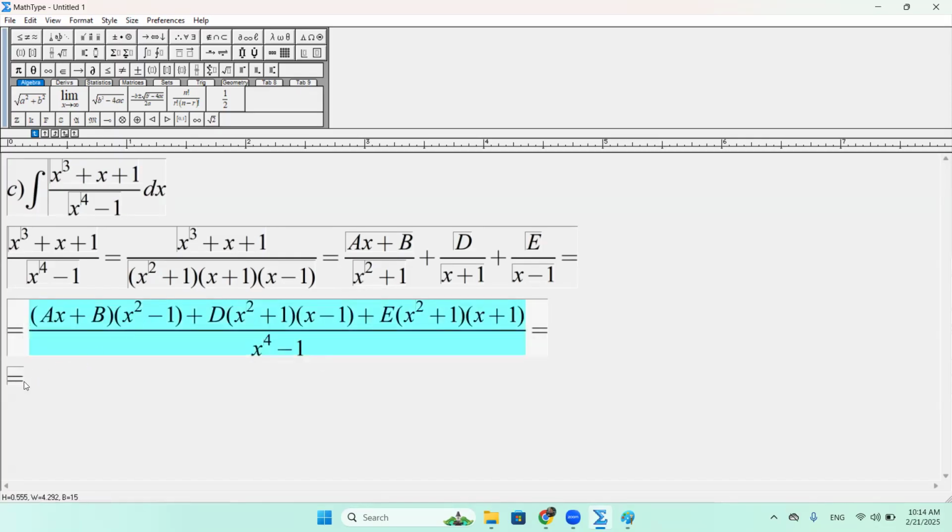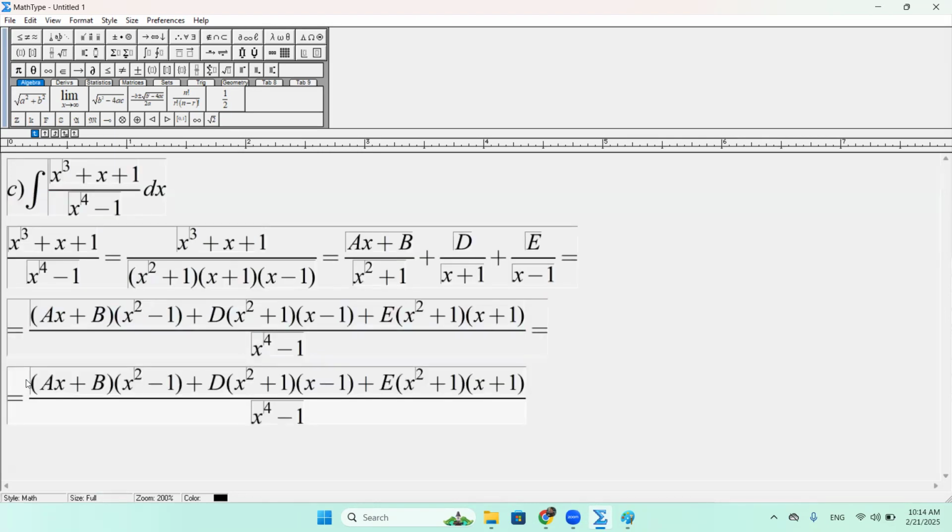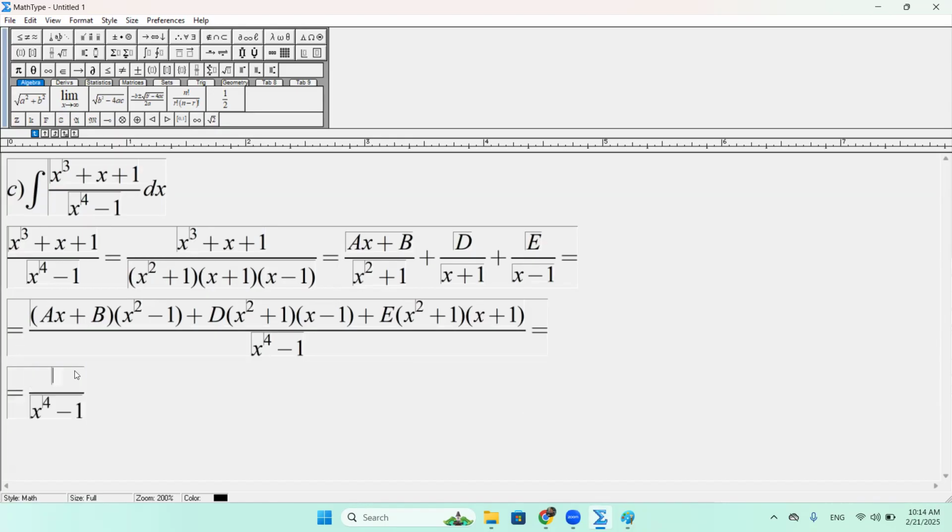Now expanding brackets and regrouping all addends. For these brackets, ax cubed minus ax plus bx squared minus b.